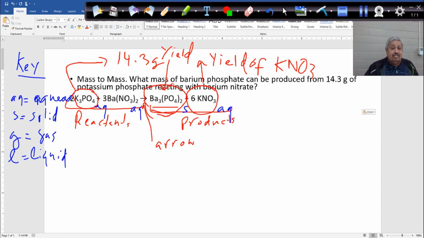I like the 6 because this ratio 6 is good, because we have to look at the whole ratio. So we'll take potassium nitrate because of the 6 moles in front. Okay, guys? So we'll calculate the yield of potassium nitrate. That's what we are looking for.